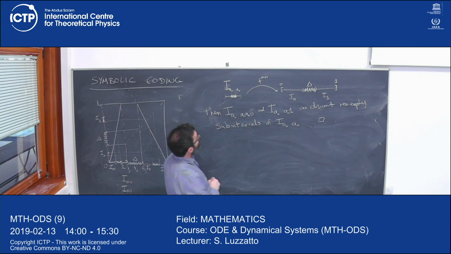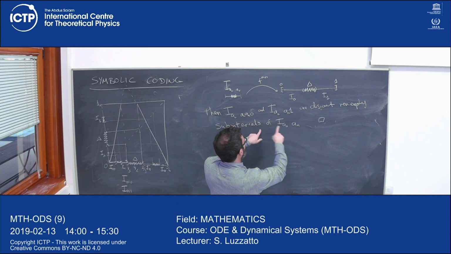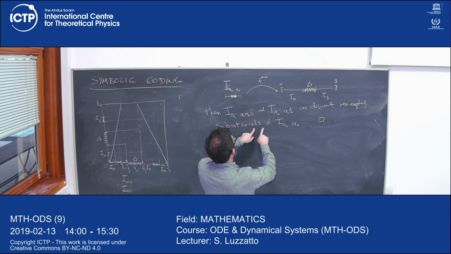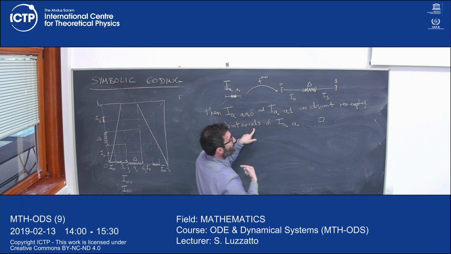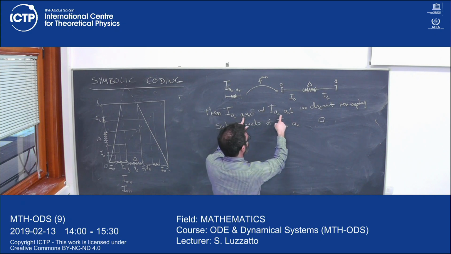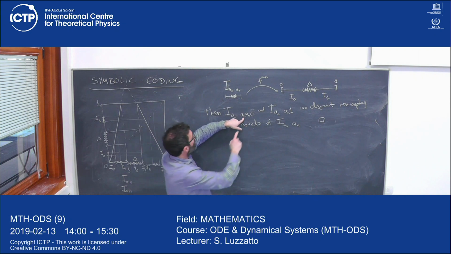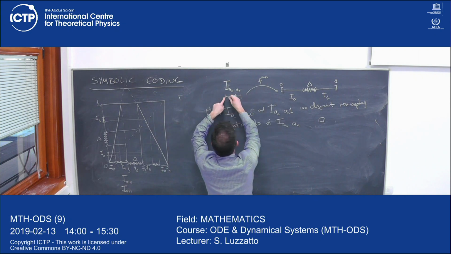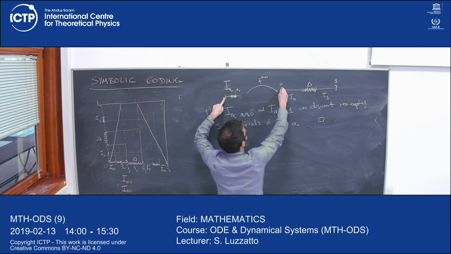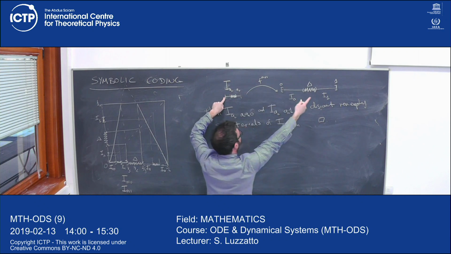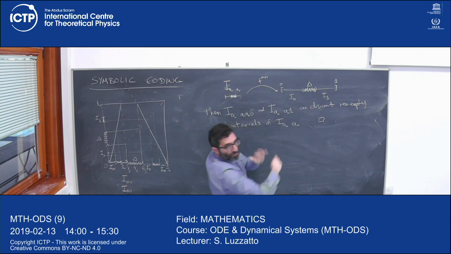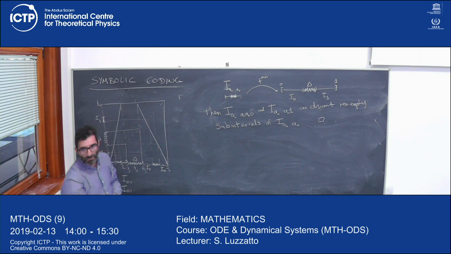Okay? And what do we know? To complete the induction, we need to show that now Fn plus 2 is a bijection on these intervals here. Is that true? Because if after Fn plus 1 this little interval maps to I0, then one more iterate will map it to the whole interval [0,1].